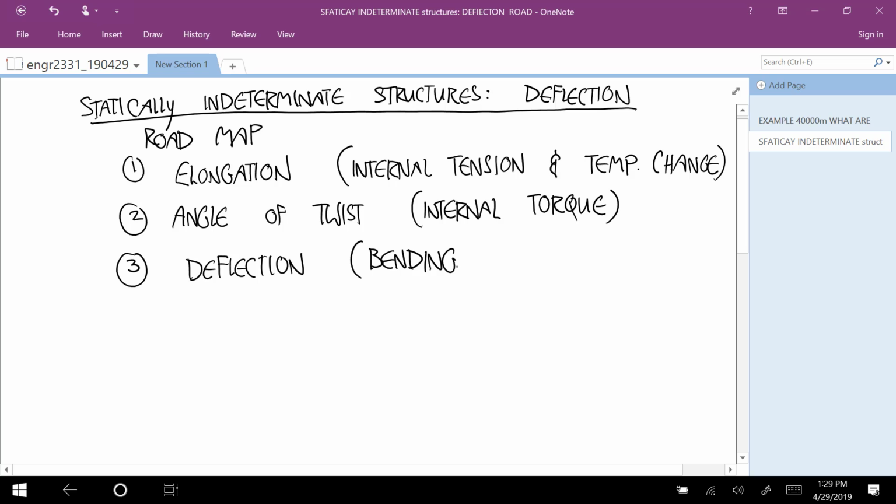You can think of it as due to bending moment and shear force, but since bending moment and shear force have the derivative relationship, just one of those is all we need. So bending moment is what we're going to use. That's the internal bending moment.